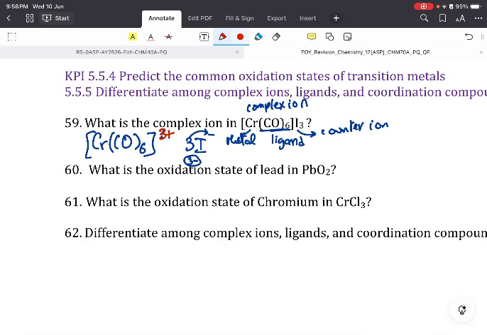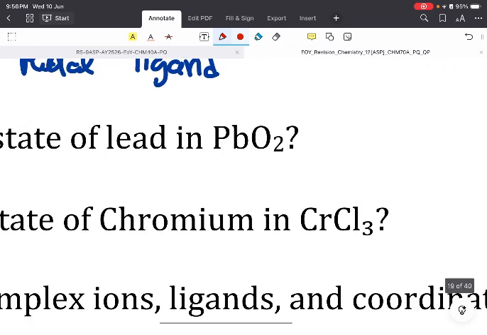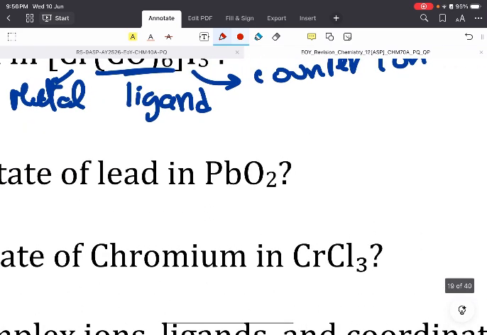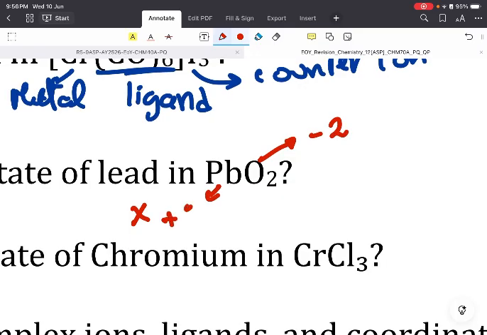What is the oxidation state of lead in lead oxide? Let's break it down. The oxidation state of oxygen is always -2 because it belongs to group 16. I'm going to assign X to lead, and I have 2 oxygens, each of them -2.